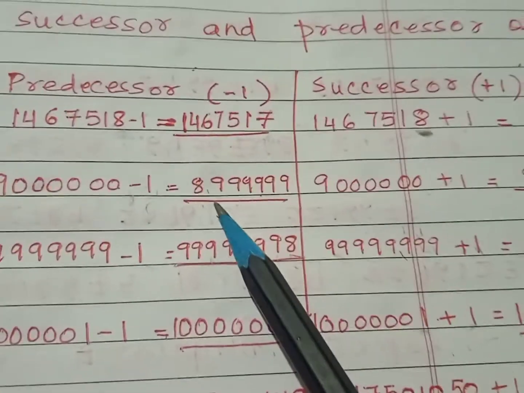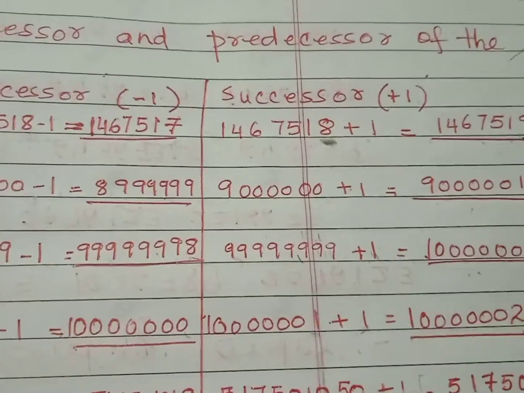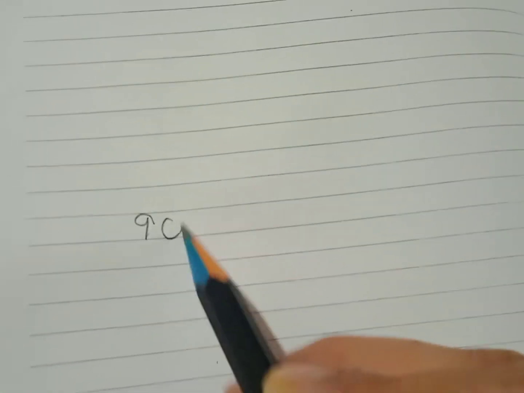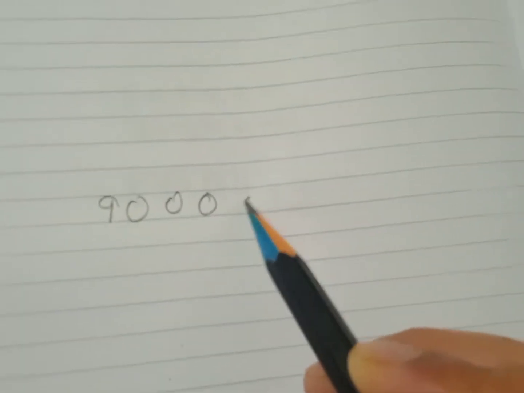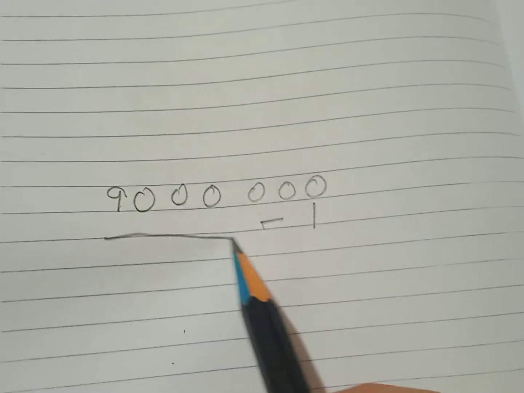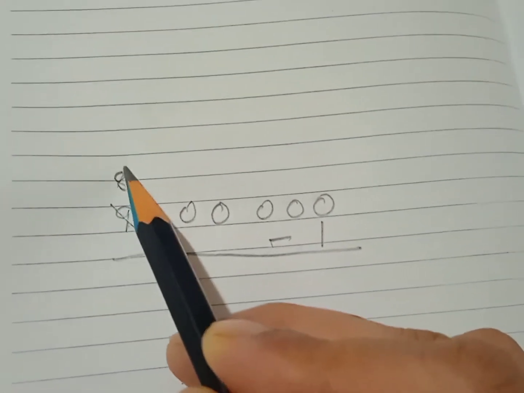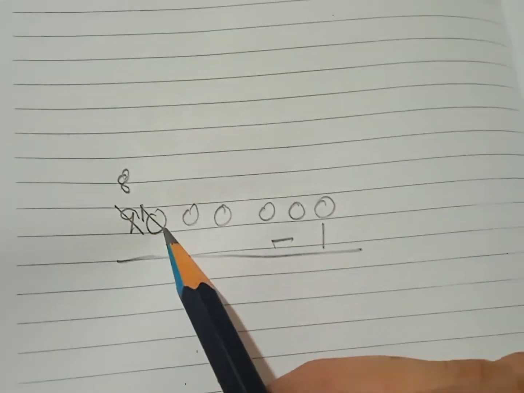Now, if it is 90 lakh, then when we minus 1, if you have any confusion regarding what the answer is going to be, then please go to the rough column and get it done. So in the rough column, say 90 lakh minus 1, we need a lot of borrowing here. 9 becomes 8 when we borrow 1. This becomes 10.